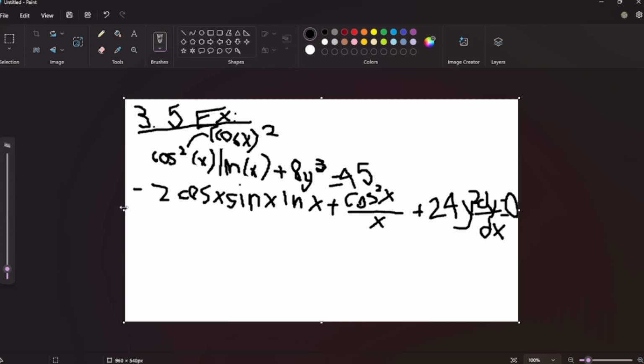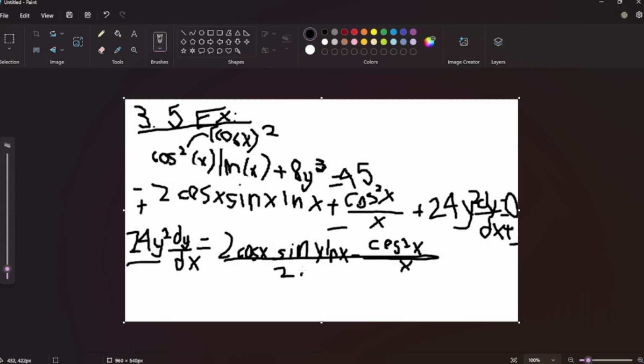And so now what we're going to do here, to further simplify this and to isolate the dy, the implicit differentiation, we're going to add all this to this side and subtract this to this side. And that's essentially going to look like something like this. Factor this out. That's going to leave you with nothing here, then 12 down here. And so let's present this to get our final answer.